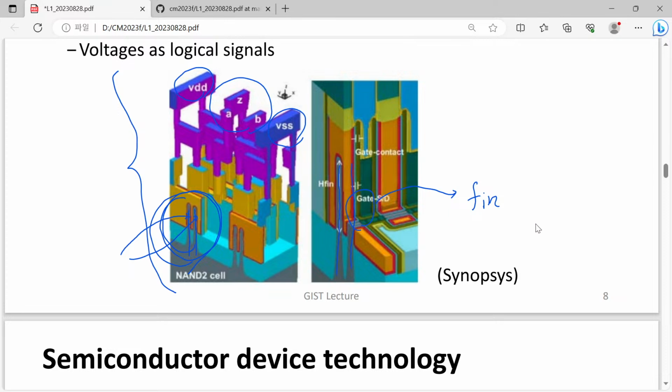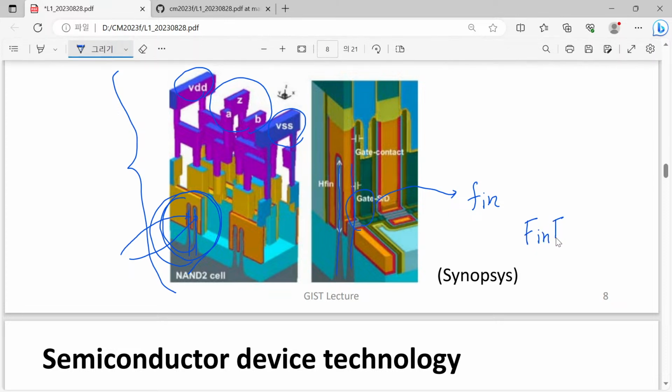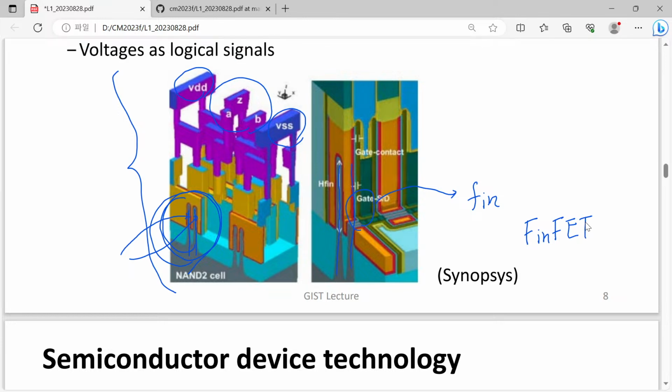Usually this transistor is called, maybe you have heard about it, a FinFET. So anyway, although we simply call it a FinFET, inside it we have of course a fin, and the fin is surrounded by an insulating layer, and it is covered also by gate material, metal, and also we have interconnect.